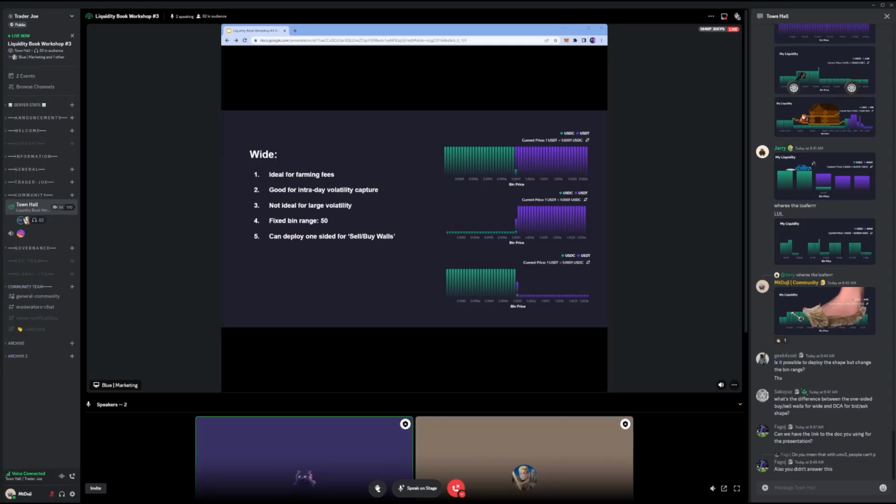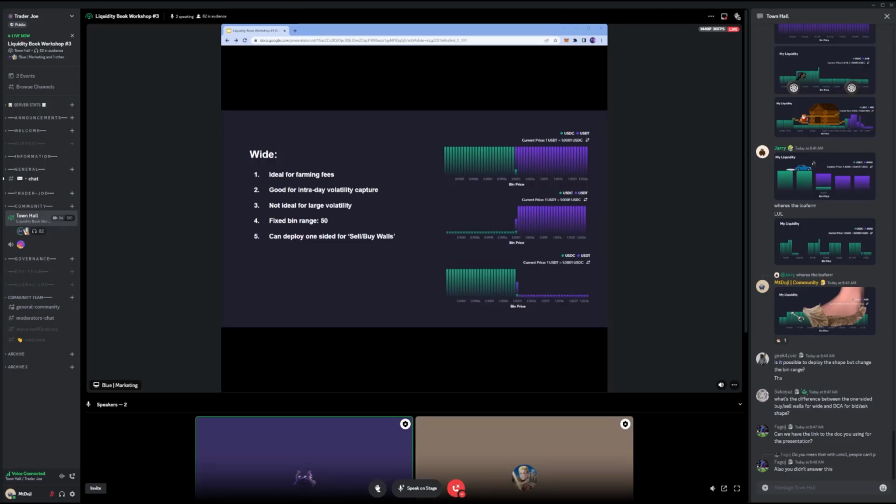And yes, there is a doc that goes over these basic shapes, the advantages, drawbacks, and considerations for deploying each one. It also covers the customization that you have for these different shapes. So Mount Doji, maybe you can just share the liquidity strategies doc.